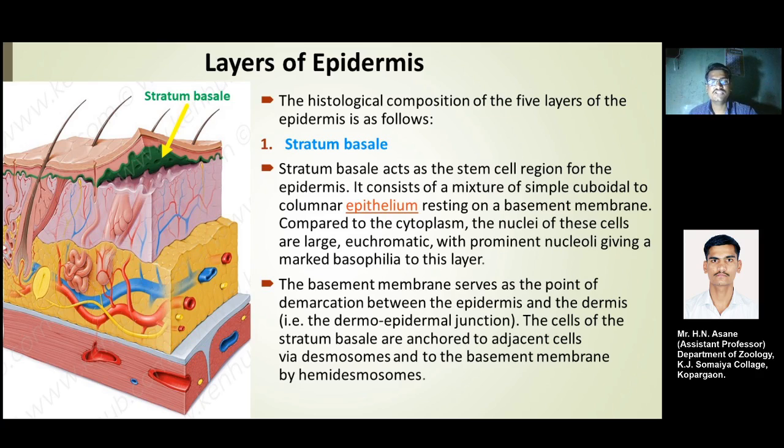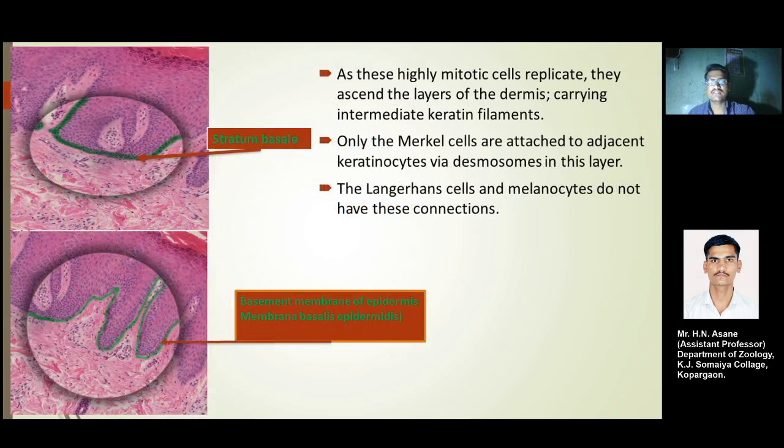That means the junction between the dermis layer and the epidermis layer is cushioned by the stratum basale layer. Adjacent cells are interconnected via desmosomes, and to the basement membrane by hemidesmosomes. They are the connecting junctions.